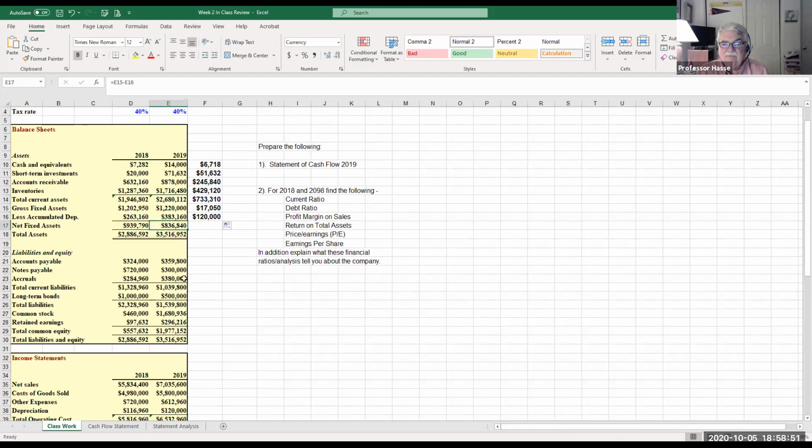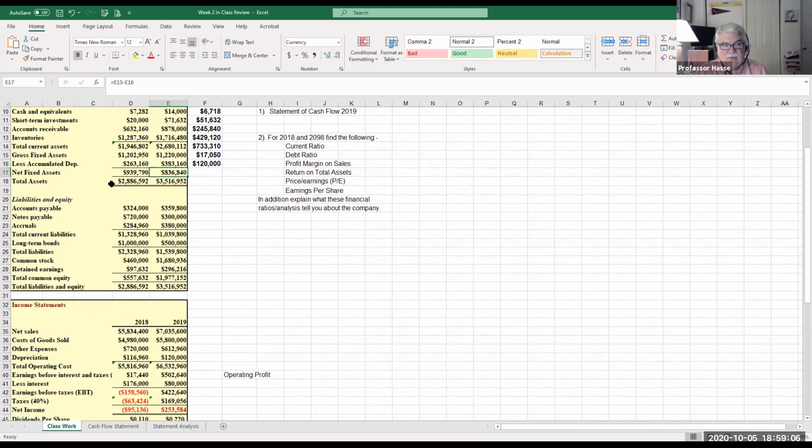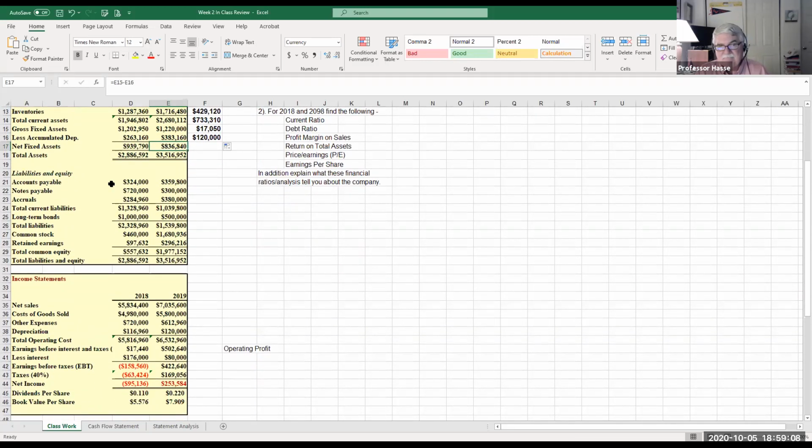Current and fixed assets. Notice I took the deltas of these, how they've changed from the prior year. Remember that in a few minutes after our break. Let's look at our liabilities and equity. Short-term liabilities.